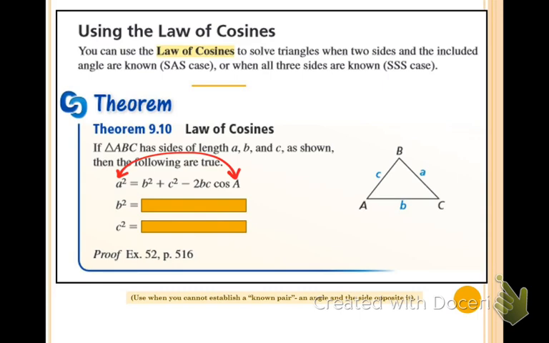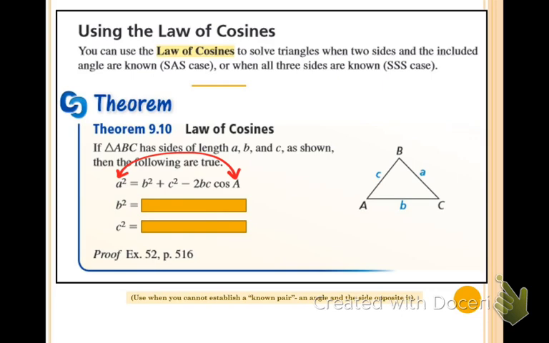All right, so the next one, if it starts with b squared, I'll give you a second. So the next one is b squared equals, what do you think these 2 letters are going to be?